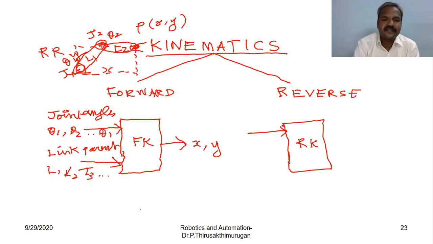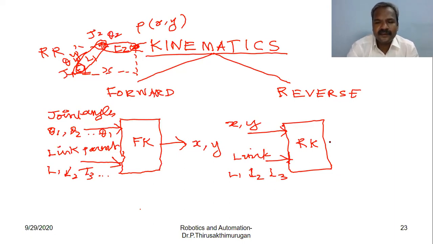Here, world space coordinates X and Y are given, and the link parameters L1, L2, L3, etc. are given and constant.